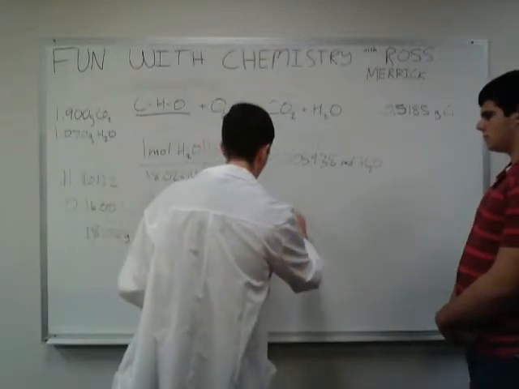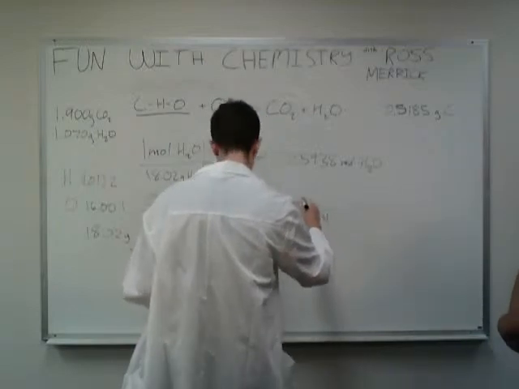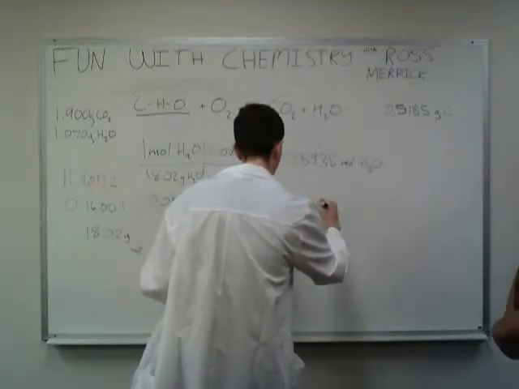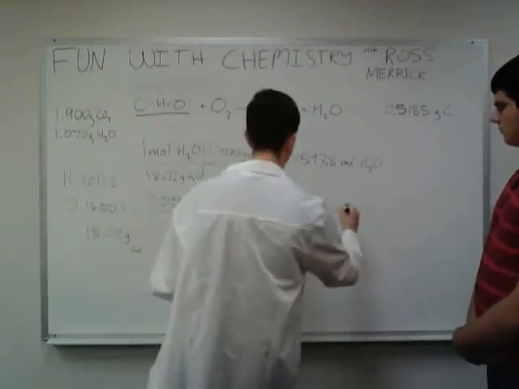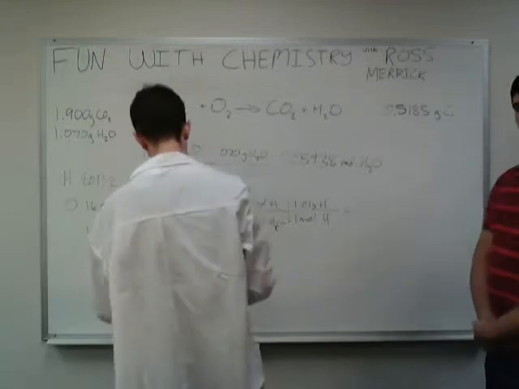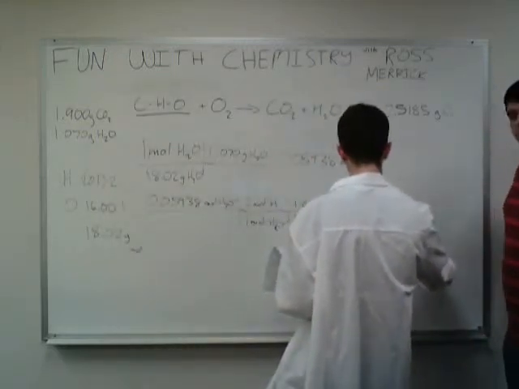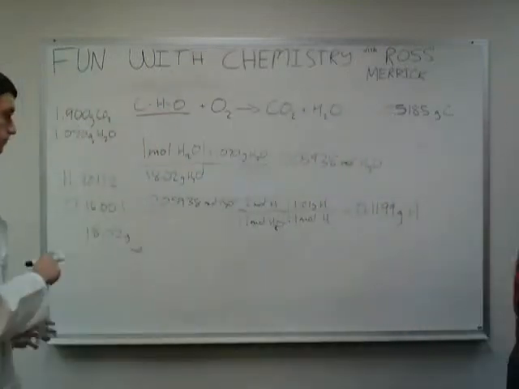For every 1 mole of hydrogen, there is 1.01 grams of hydrogen. Multiply that out, and you get an answer of 0.1199 grams of hydrogen.